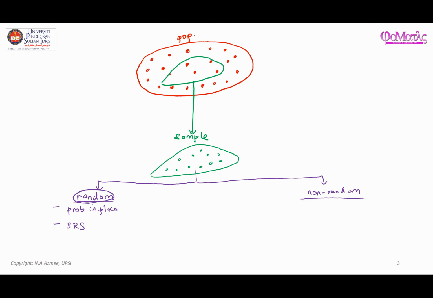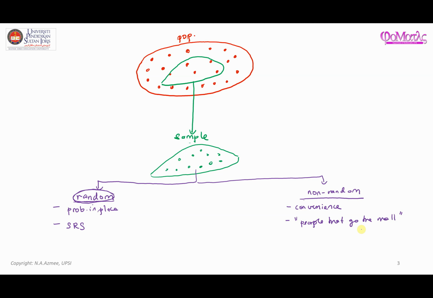For example, in non-random sample, we can consider what is known as convenience sampling. This sort of sampling is quite common and is seen applied in many studies. Let me give you a few examples. Let's say we select our sample to be people that go to the mall. Imagine that you are standing at the entrance of the mall handing out survey forms to people that go into the mall.